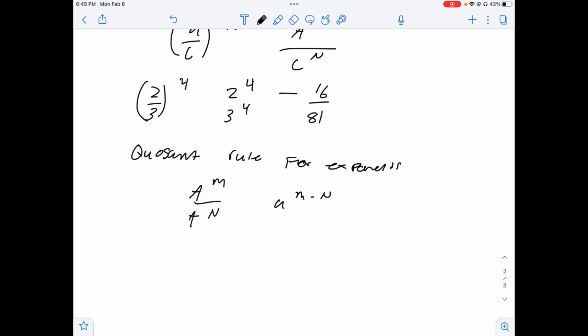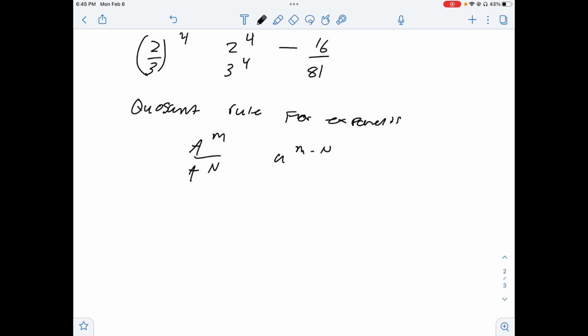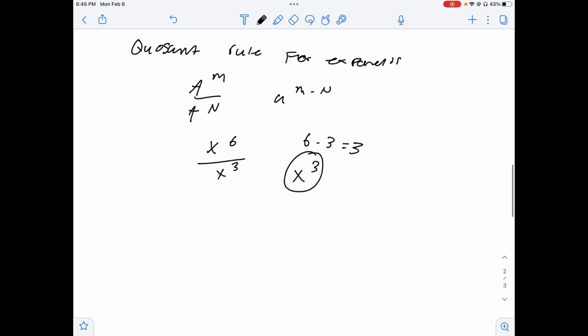So you subtract your exponents. For example, if I had x to the power of 6 over x to the power of 3, I would subtract 3 from 6, which equals 3, so my answer is x to the power of 3, simplified.